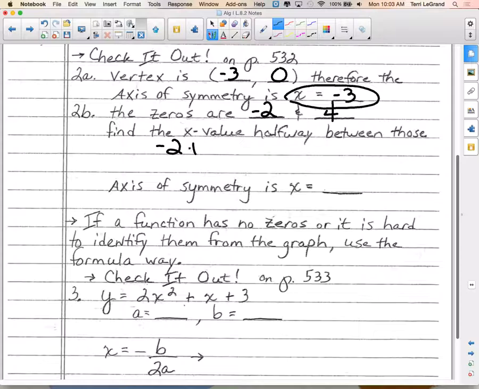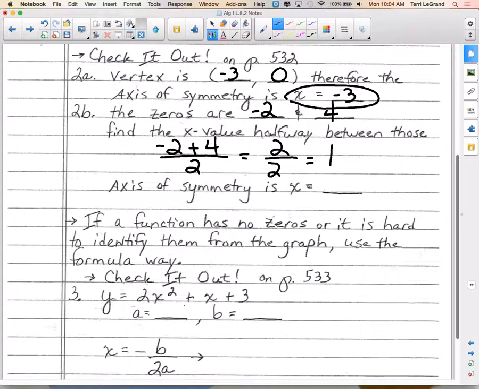So negative 2 plus 4 divided by 2. Add your zeros together, divide by 2. It should give you the halfway point between them. What is negative 2 plus 4? 2. What's 2 divided by 2? 1.